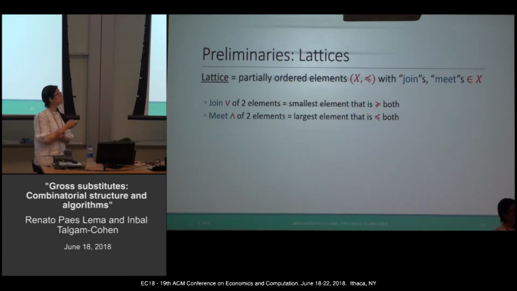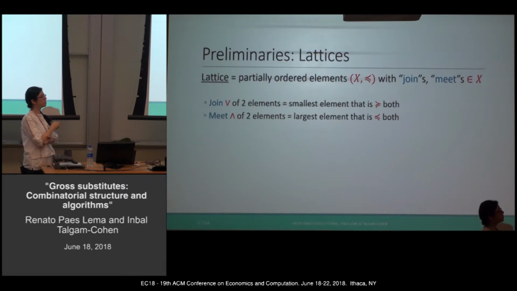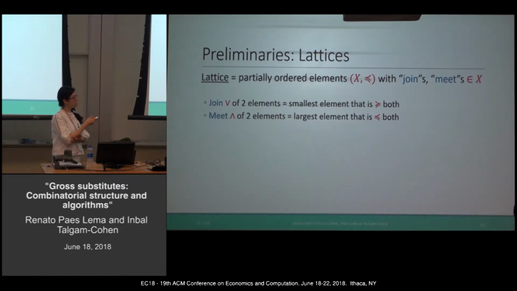Now lattices. So a lattice is a partially ordered set of elements in which I can take every two elements and join them, or meet them. And the result is also within the set of elements. By join, I mean you take the smallest element that upper bounds both. By meet, I mean you take the largest element that lower bounds both.